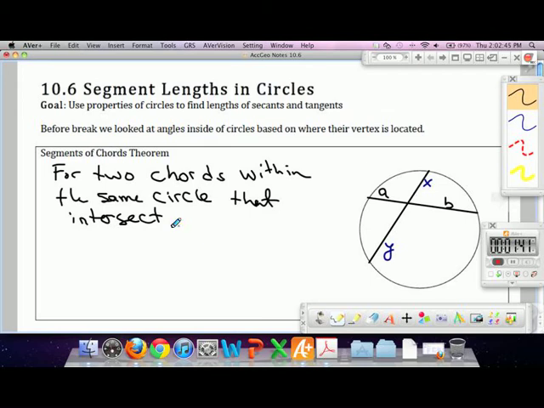So I have that situation. I have two chords, they're in the same circle, and they're clearly intersecting. The following is true.